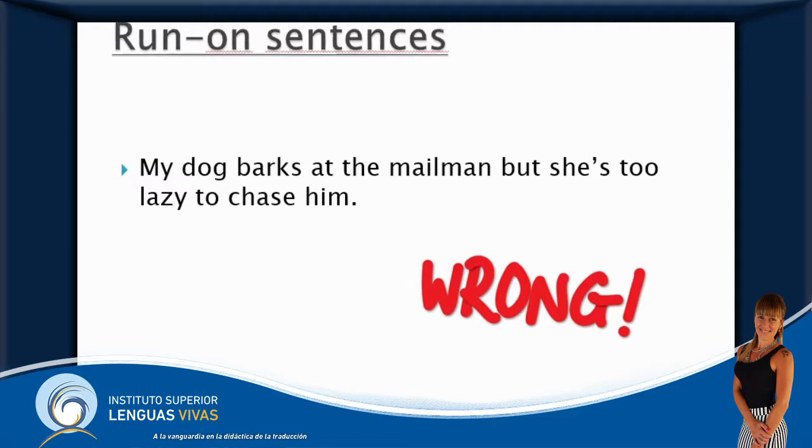Unless the clauses are very short and closely related, you need a comma before the conjunction. If you forget to put a comma, it becomes a run-on sentence. So you definitely need a comma between mailman and the conjunction but.